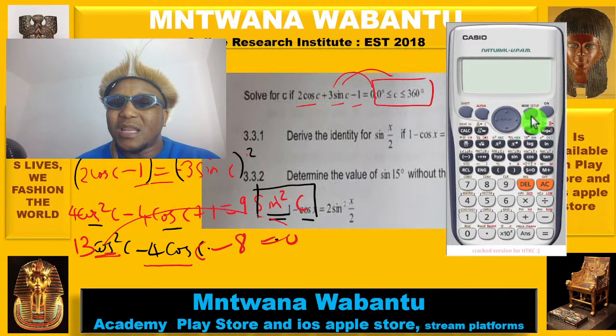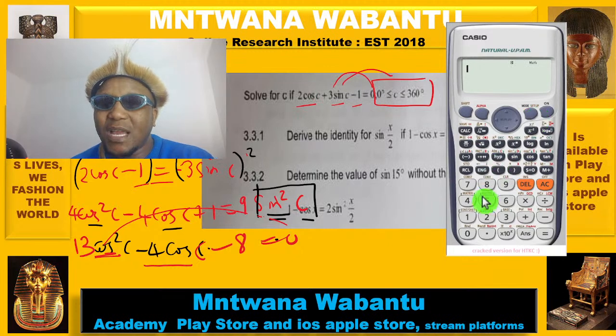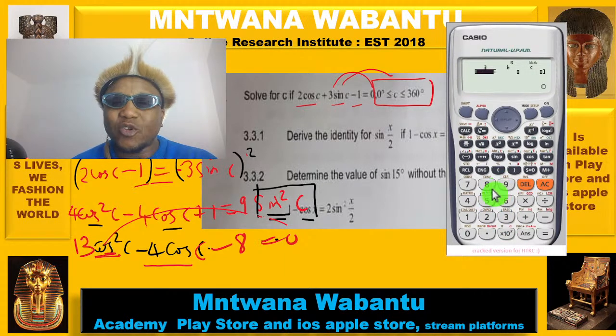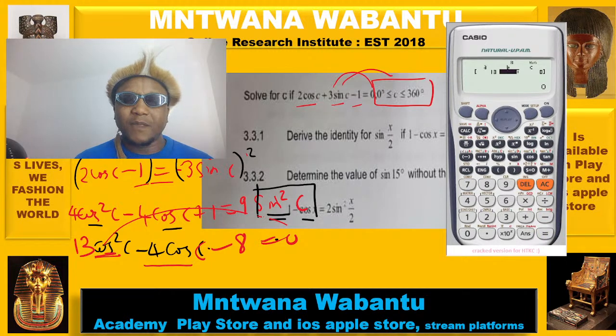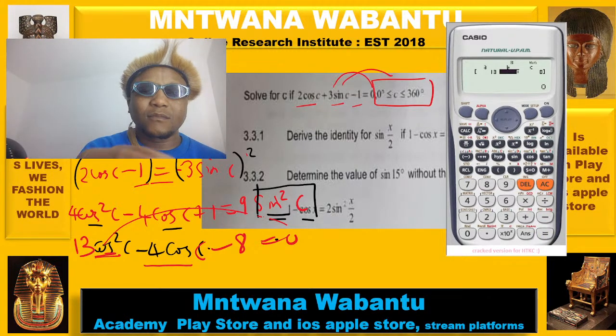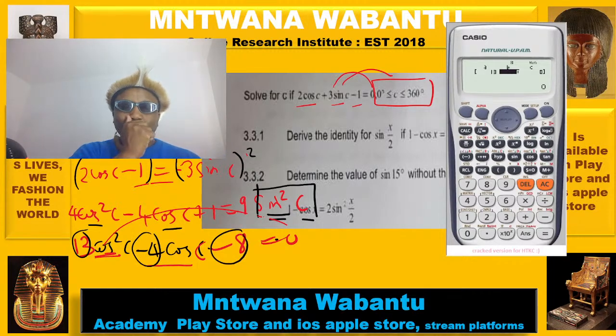So we come here, and then I'm going to say mode, and then mode number 5, which is quadratic, and then I go number 3, which is equation number 3, and then I plug in my values. My a equals 13. So I'm going to say my a equal to 13, and then I say equal, because that's my value of a here. This is our a, and this is our b, and this is our c.